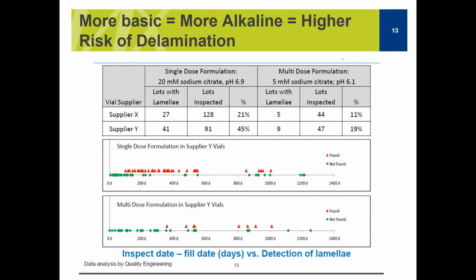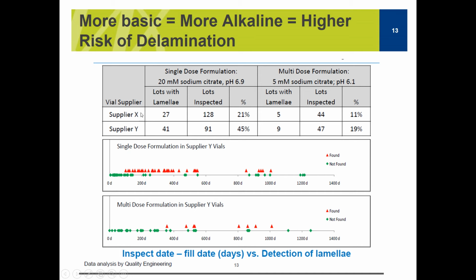So the idea that more basic equals higher risk of delamination is very well documented, and everybody knows it. I took this slide or this table to show two things. Here we have the same buffer, sodium citrate, at a pH of 6.9 and a pH of 6.1.